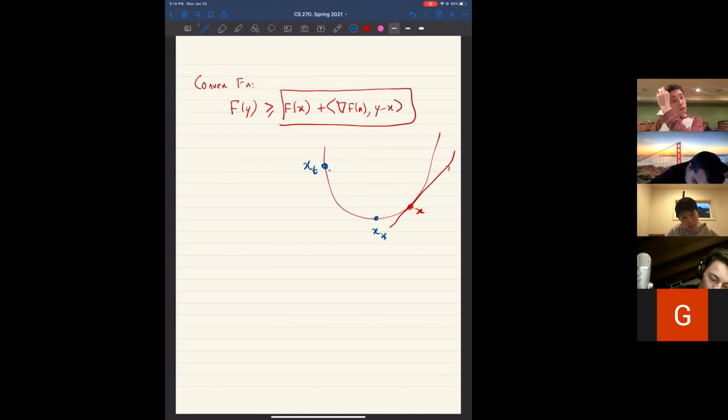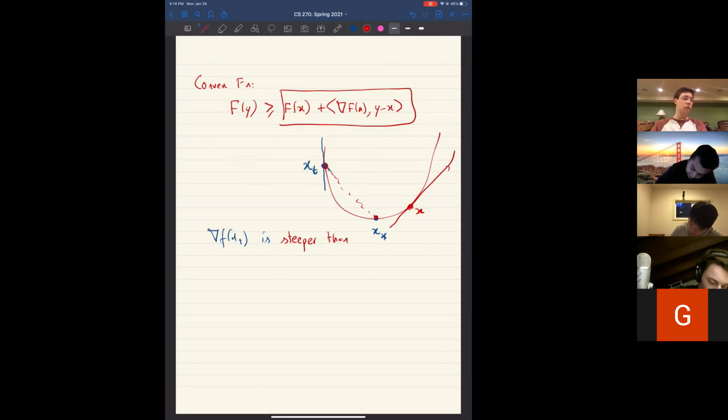The claim is that the gradient at x_t is at least as steep as the line joining x_t and x star. In one dimension, how steep is that line? It is f of x_t minus f of x star divided by x_t minus x star. Of course, there is a multidimensional version of this.